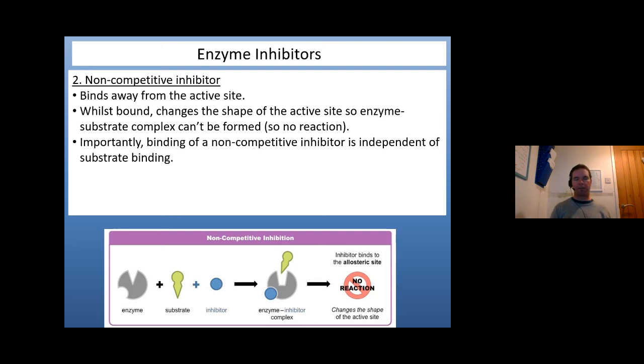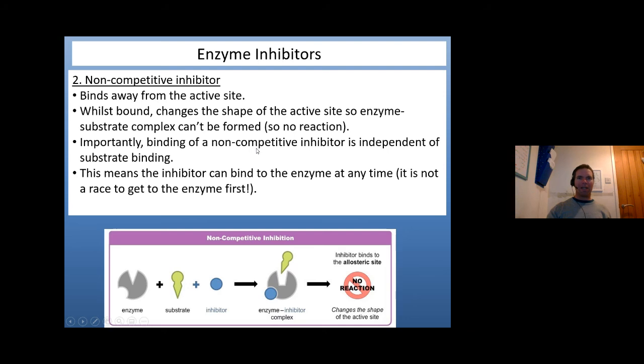It can bind to this other site at any time, and it's not a race to get to the enzyme first. Whilst it's bound, that reaction can't take place, and therefore, as I've underlined in red, what they do is effectively reduce enzyme concentration.